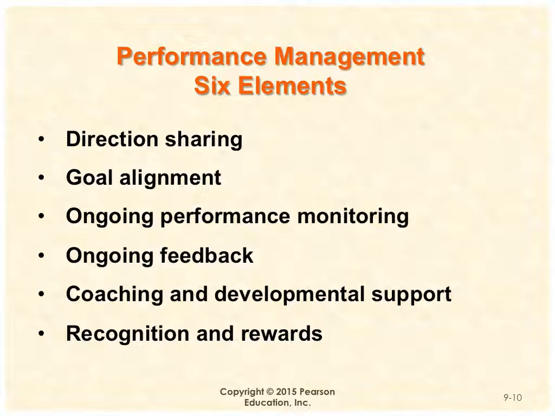Performance management has 6 elements. The first one is direction sharing, which means communicating the company's goals throughout the company and then translating them into doable department, team, and individual goals. Just like I was talking about before, we should have a universal strategy that everything we do within a company points to, and relays the intent of that strategy so everybody is working in the same direction, which goes along with goal alignment.